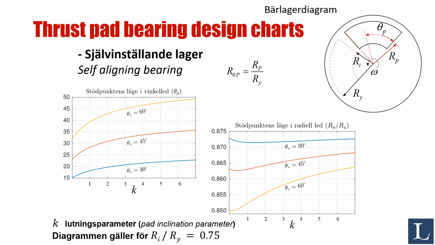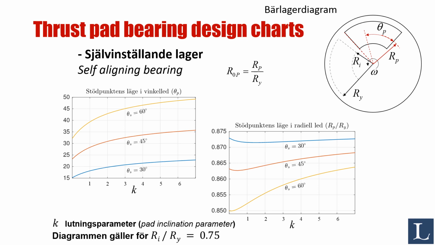These two design charts are for a self-aligning bearing. If you would like to have that, you have to position a pivot point at the perfectly right position. Okay, so in order to do that, for a certain choice of bearing segment angle and a certain inclination of it, you will have to position it in the angular direction theta p at some point.